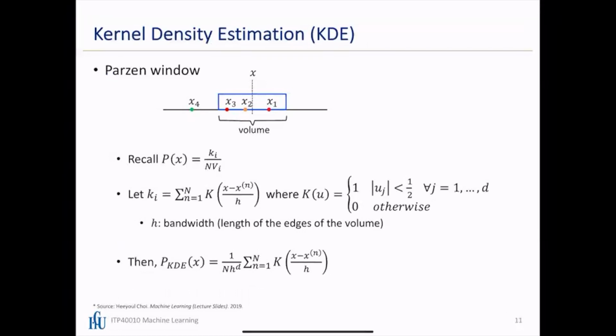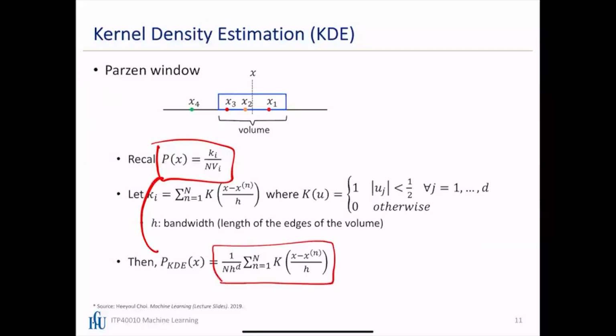Let me restate. We started from the estimator we came up with from the histogram, and this kernel density estimation using the Parzen window is updating this probability estimation using this form. This form has two important components in it. Instead of counting the data points falling in each bin, we are using a new function K, called a kernel function.